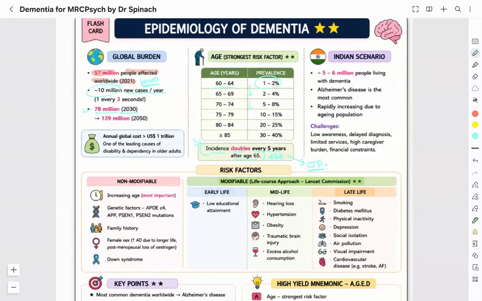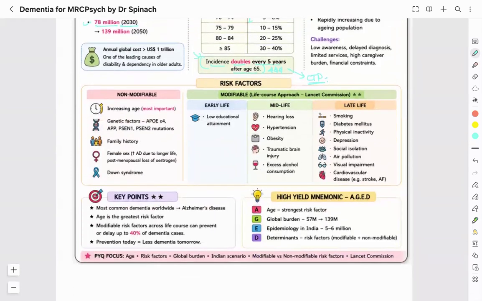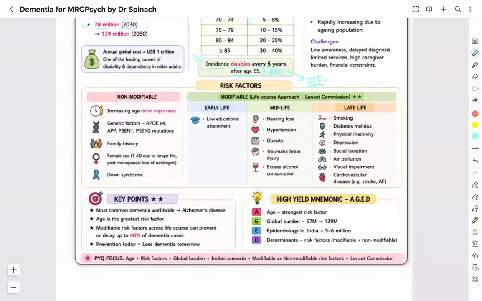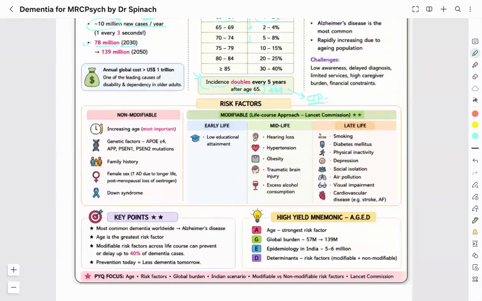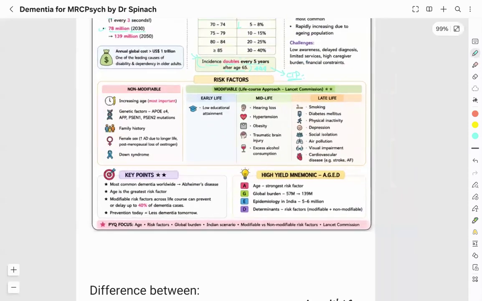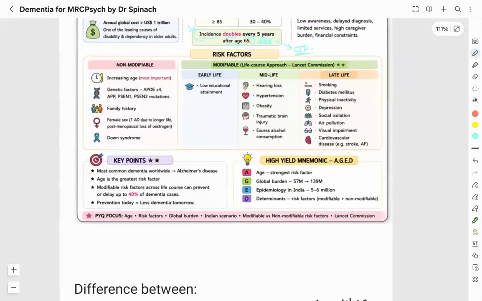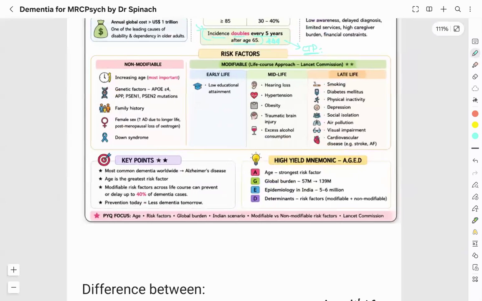All right, moving on. So we have some risk factors, which are divided into modifiable and non-modifiable risk factors. And I have written them separately. I'll just go into that. The most common dementia worldwide is Alzheimer's dementia. Age is the greatest risk factor.